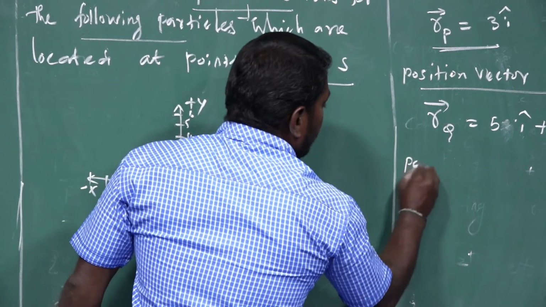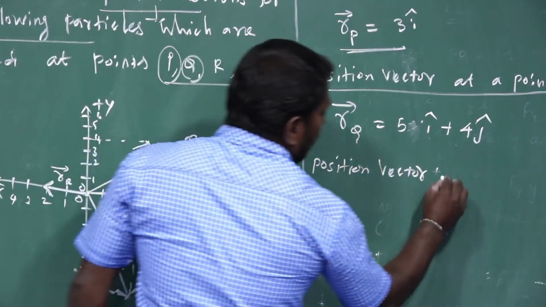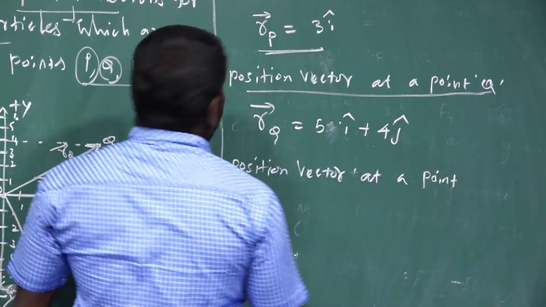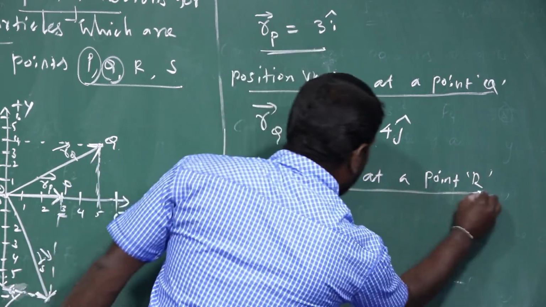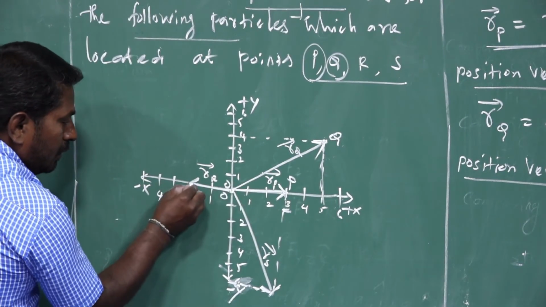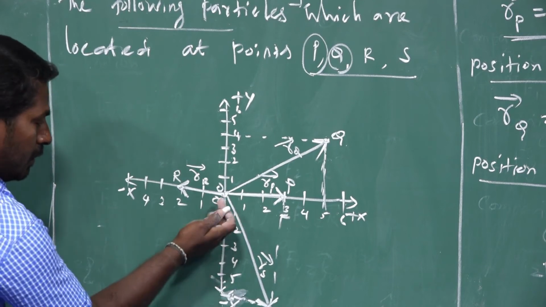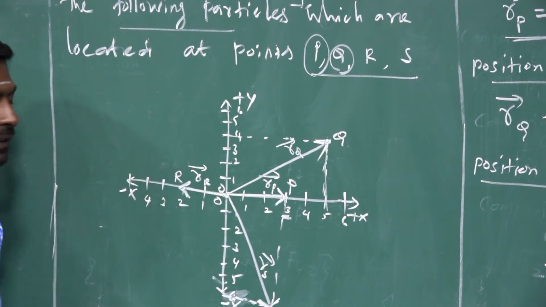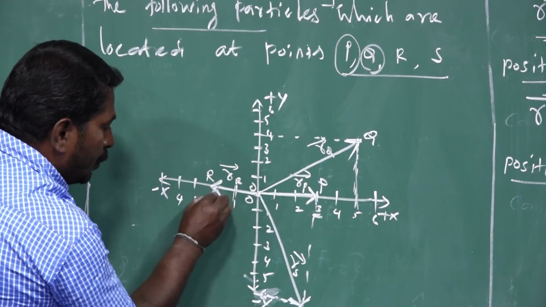Then the position vector at point R. See the point R. This is point R. This point R is lying along the negative x-axis from the origin, 1, 2.